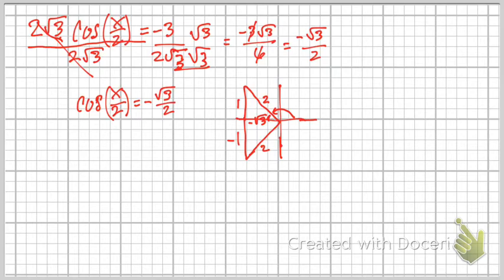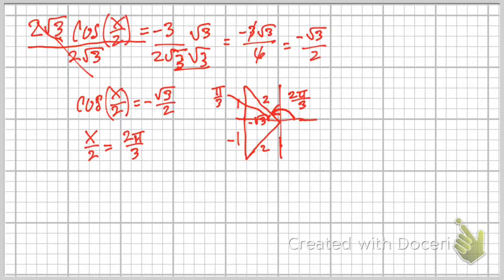So I'll say, since this is pi thirds, this angle here is going to be 2 pi thirds. So that's going to be 2 pi thirds for that angle. So I'm just going to write that down. So cosine of, so I'm just going to write this down. X over 2 is going to equal 2 pi thirds.